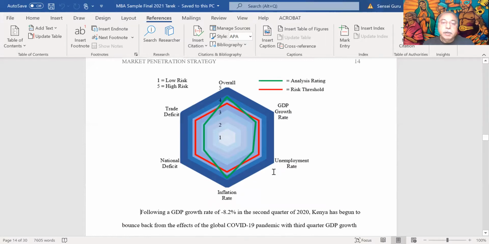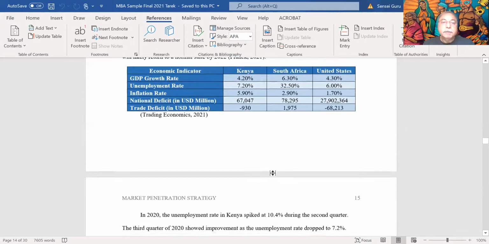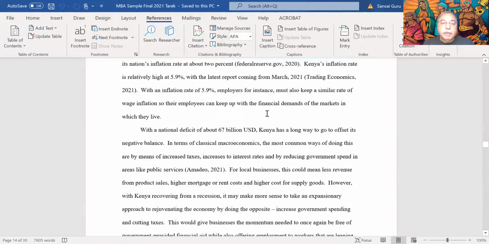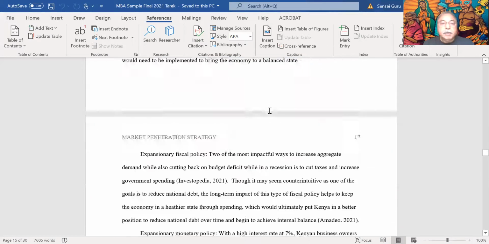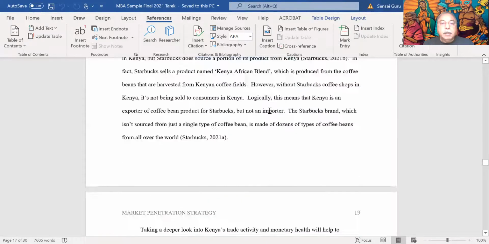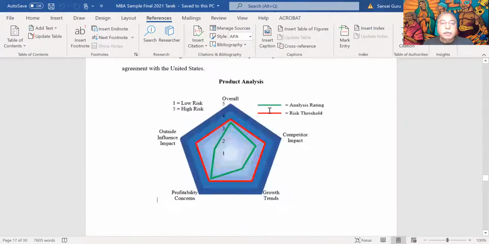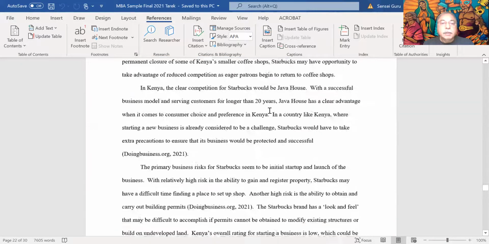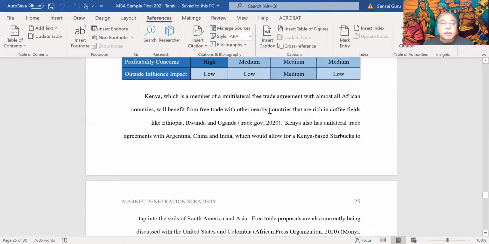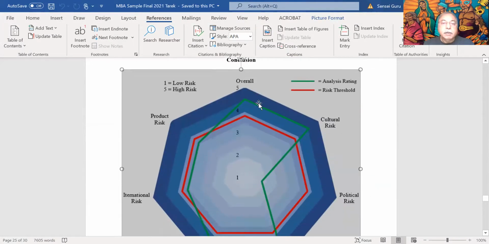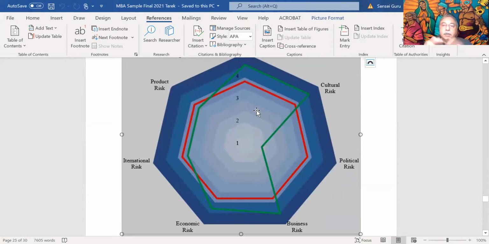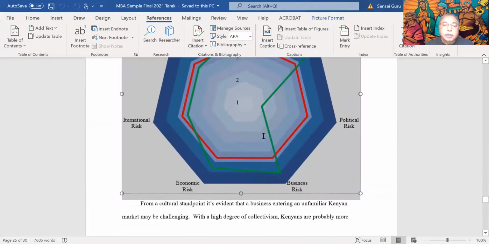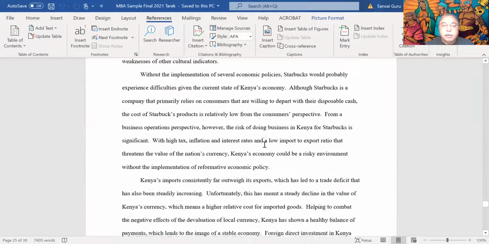It's very important for you to get a good grade to have those elements there. The table with the graph, and then finally international risk and product risk, and then the final conclusion. Look how well he's done all the different elements of risk and provided that final conclusion.